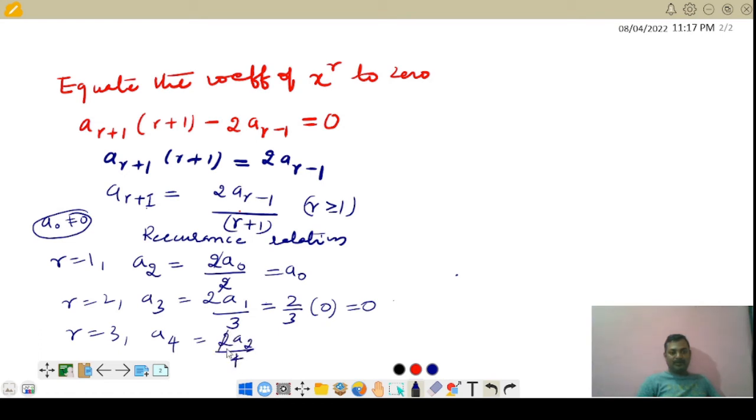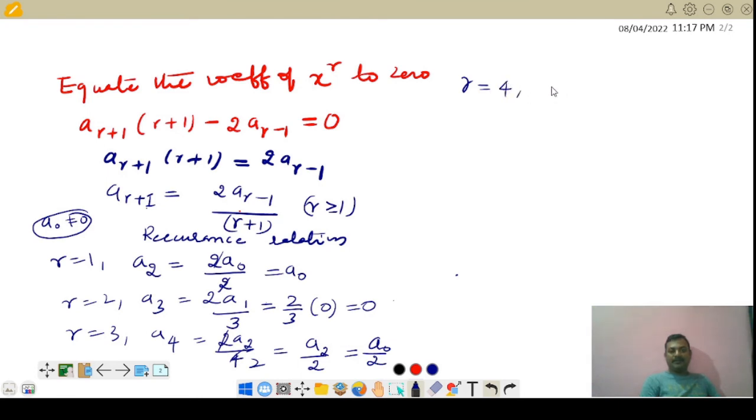divided by 4, 2 ones are 2, twos are, so you will get a2 by 2, and a2 value you know already, a2 value is a0 by 2. So now let us substitute here, r is equal to 4.